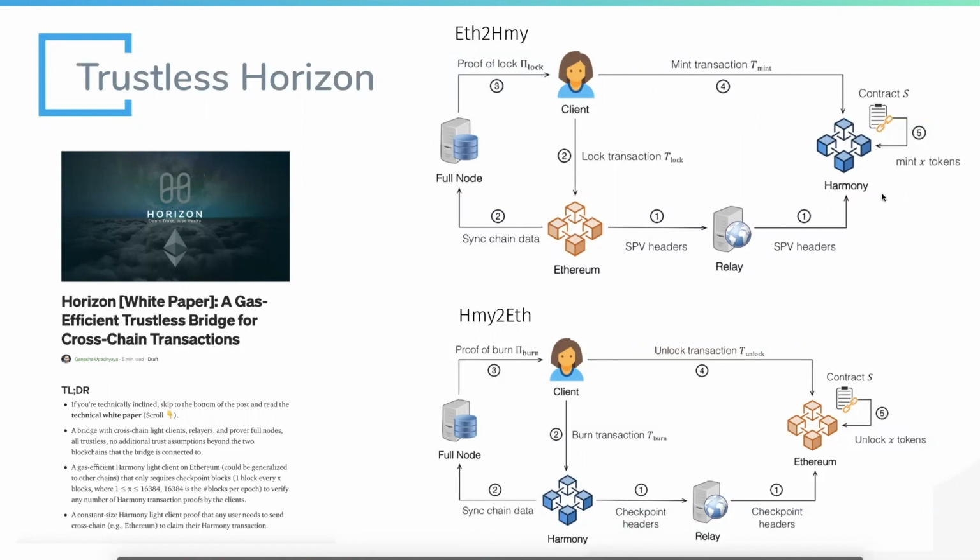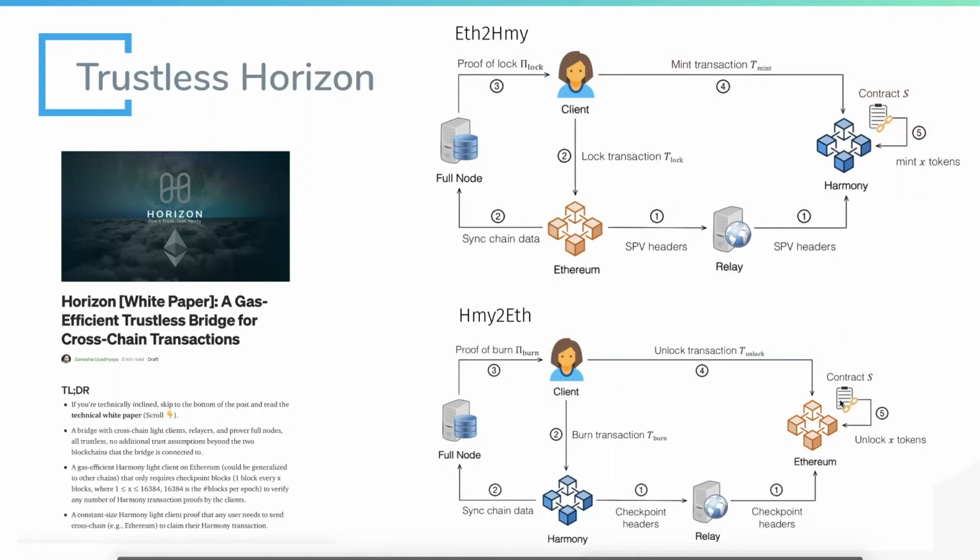So this is going to be more trustless, where there's no trust assumption on any of these components, and it's also more decentralized. After the user submits the mint request to the Harmony blockchain, a bridge smart contract on Harmony receives all the headers from Ethereum and fully verifies the proof of lock that the user submits. Similarly, in the Harmony to Ethereum flow, the user submits a burn transaction, obtains the proof of burn, and uses that to invoke the unlock transaction.